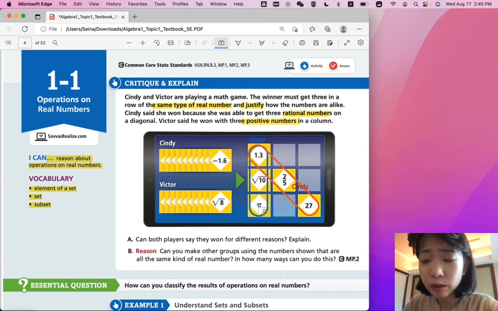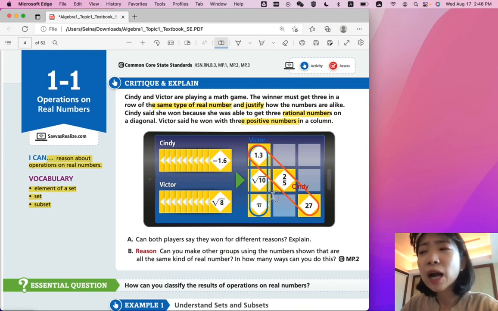Pi is an irrational number because if you write pi as a decimal, it's non-repeating and non-terminating. So you cannot rewrite pi as a fraction. Pi doesn't have a fraction form. So if you don't have a fraction form, then that is an irrational number by its definition.